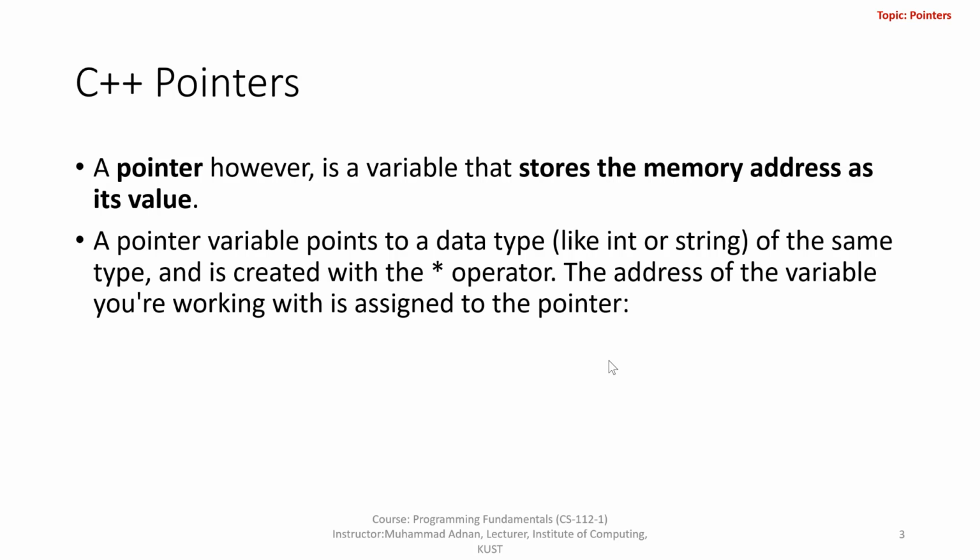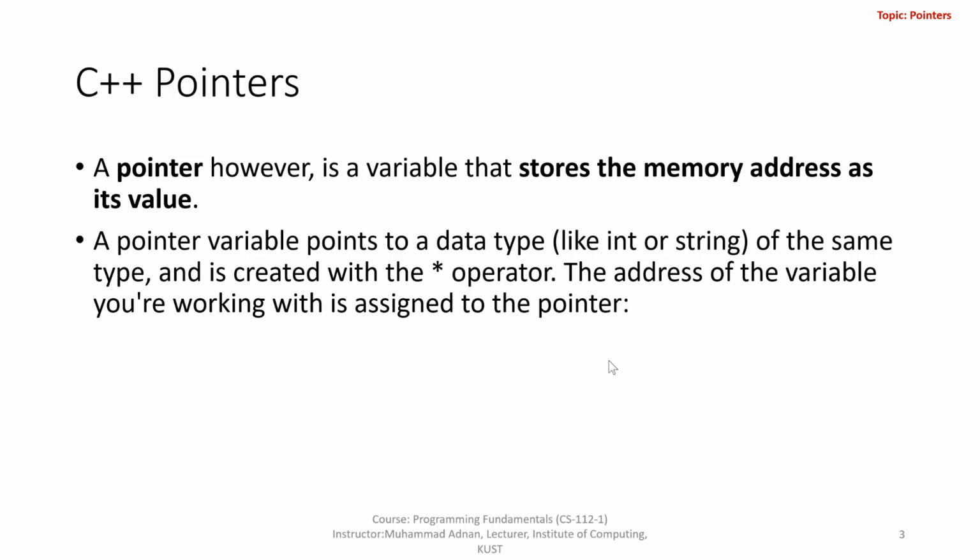That memory address could be the address of another variable, or of a hardware resource or a software resource. But in this course that address is of another variable. So I repeat, a pointer is a variable capable of storing the address of another variable.